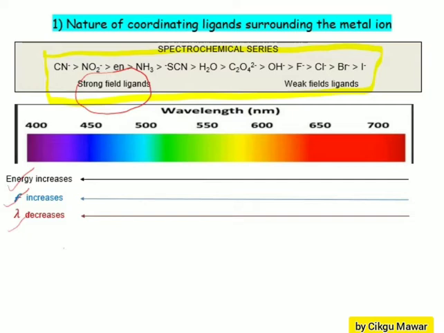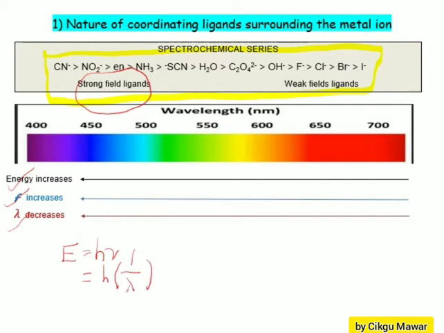We apply the Planck equation here. The Planck equation is E equals hv, where E is the energy, h is the Planck constant, and v is the frequency. We know that the frequency is c over lambda, where lambda is the wavelength.